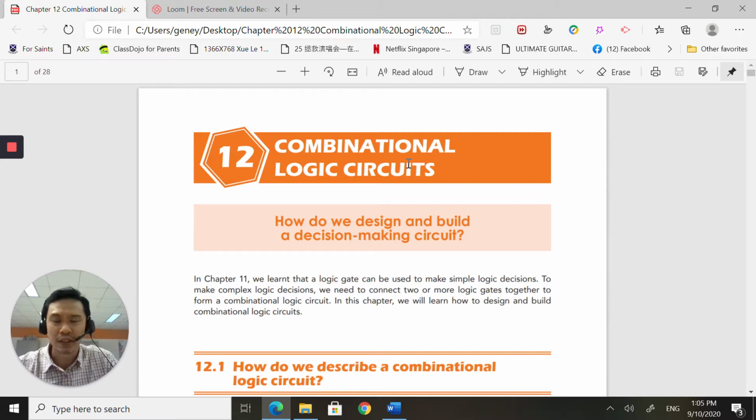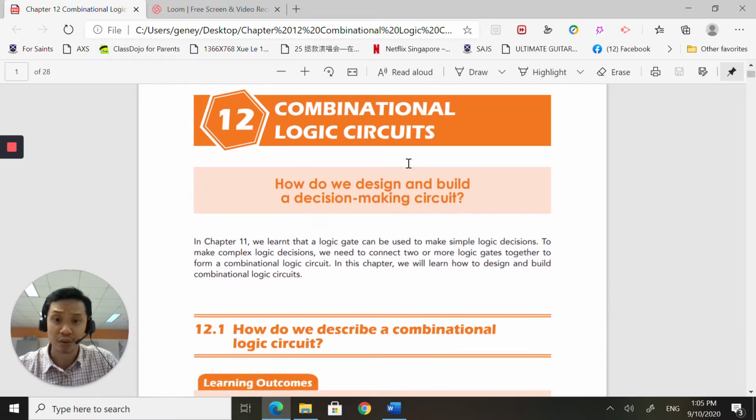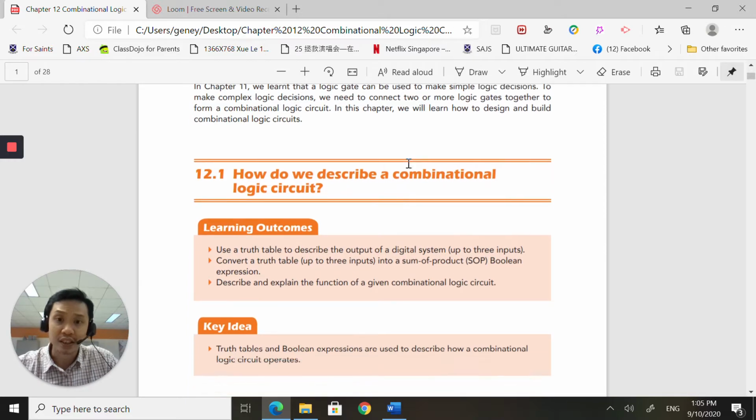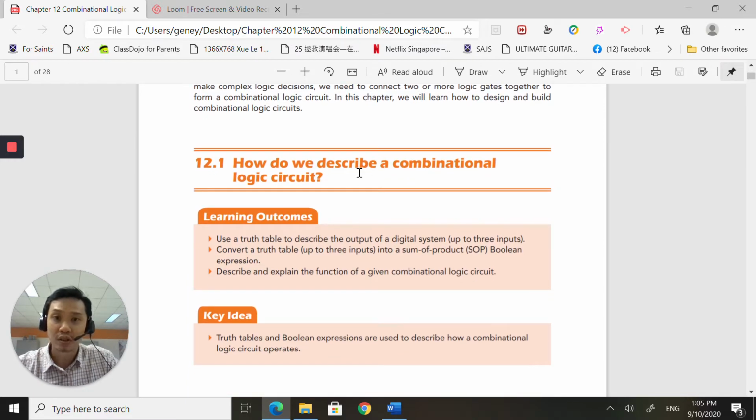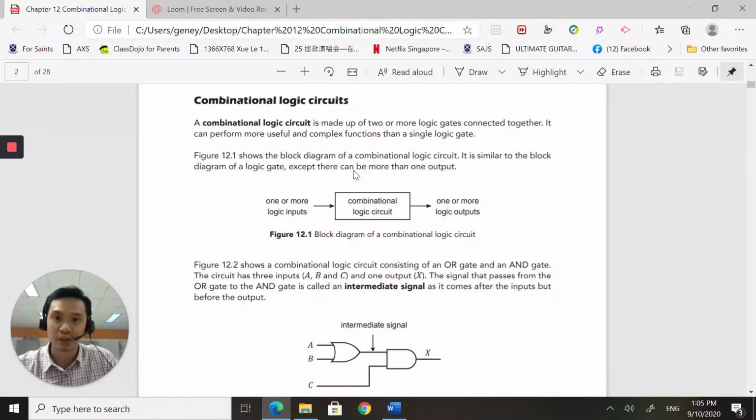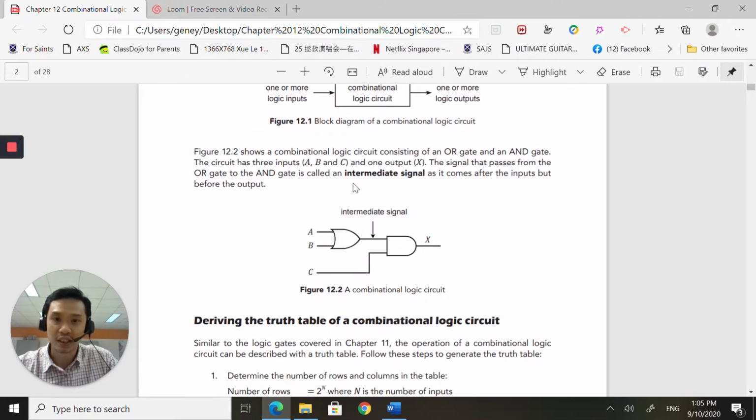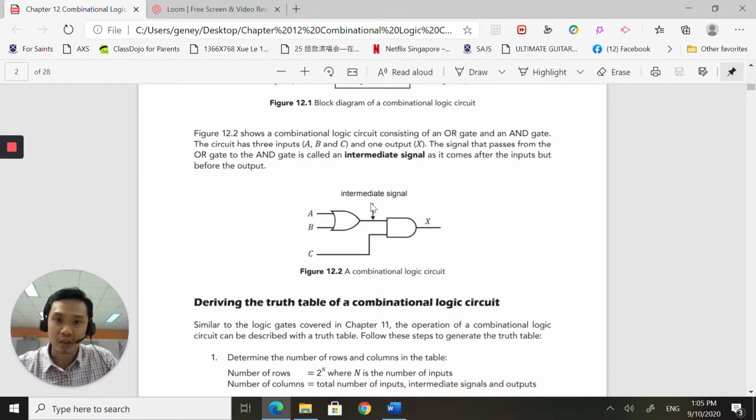Okay, so a couple of things. First part is, of course, how we are going to describe a combinational logic circuit. So right now, if we are looking at this circuit here, what we have is an OR gate and an AND gate.